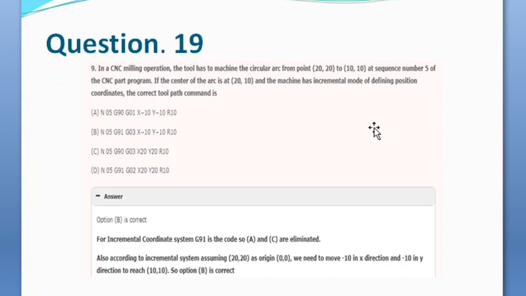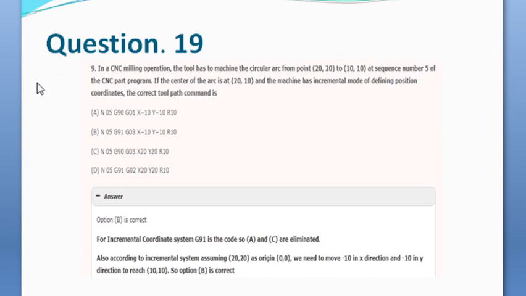You can also see part programming in this question. In a CNC milling machine operation, the tool has to machine a circular arc from the point 20,20 to 10,10. This is sequence number 5 of the CNC part program. The center of the arc is given as 20,10. The machine has the incremental mode of defining the position coordinates. What is the correct tool path command?